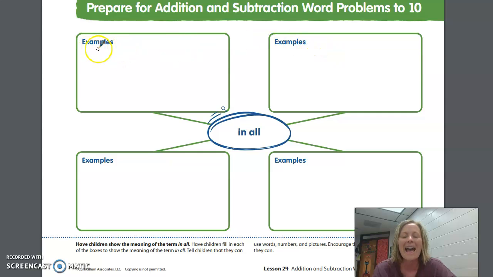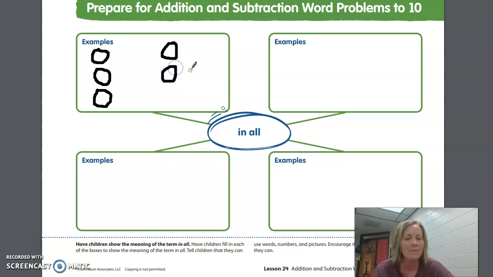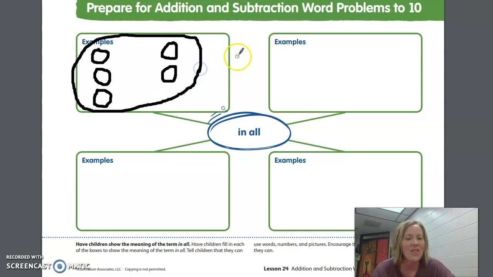So I had 3 balls. My sister gave me 2 more. But I want to show how many in all, so I'm going to put a circle around it to show that's how many I have in all.